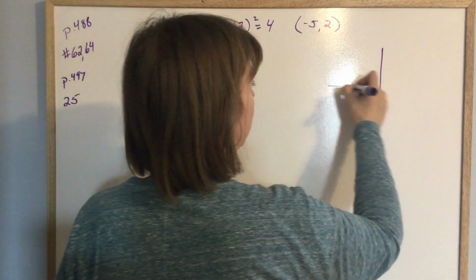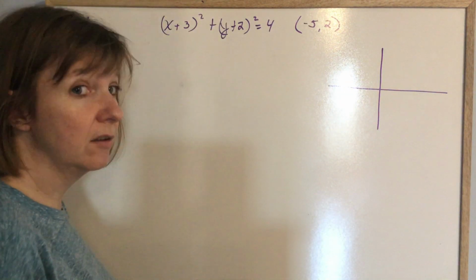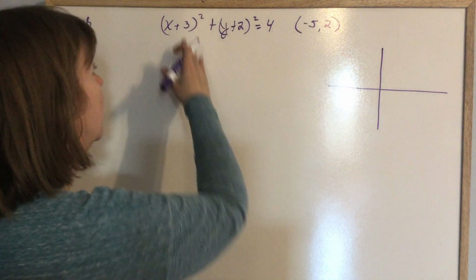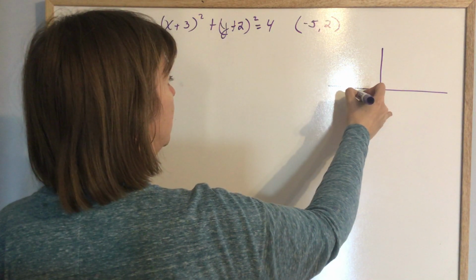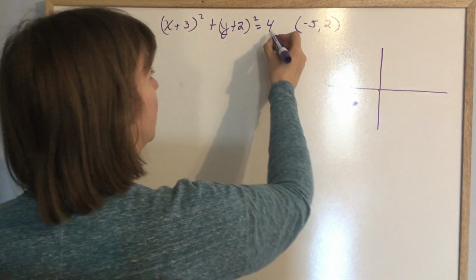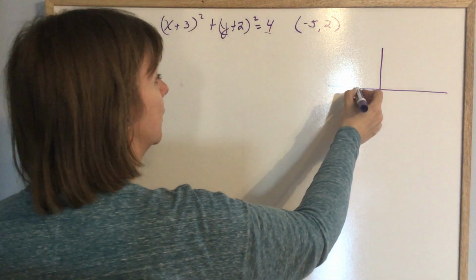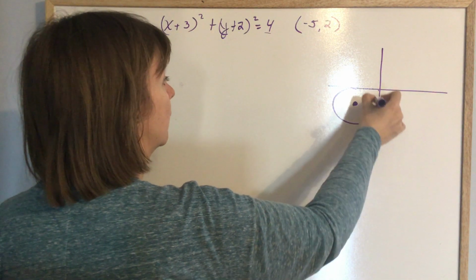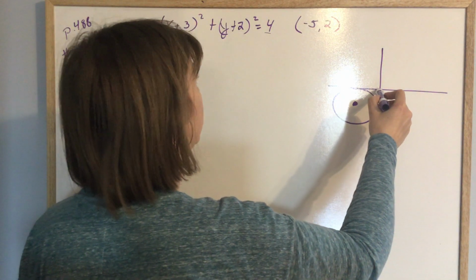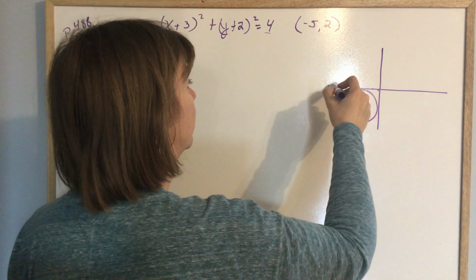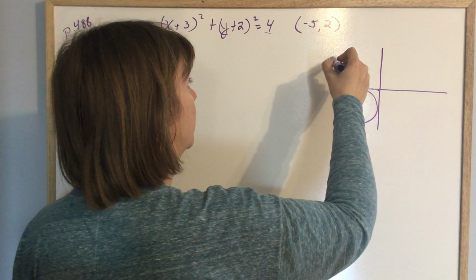So again, I need this, maybe you don't, but I need this. The center of my circle is (-3, -2), and the radius is 2. So it's an itty bitty little circle. And the point is (-5, 2).